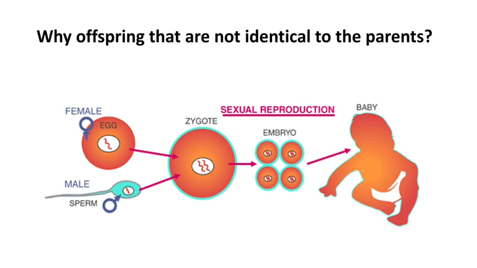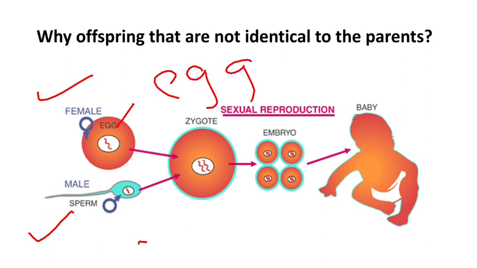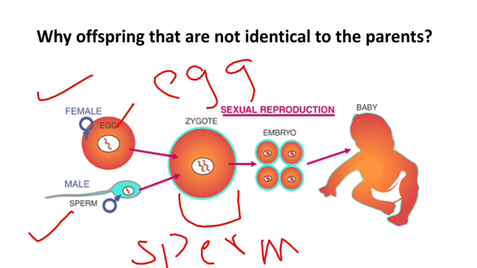So in sexual reproduction, as I discussed, you have a female gamete and a male gamete. The female gamete is basically an egg, and the male gamete is a sperm. We are talking about humans. When these two fuse together, they form the zygote.